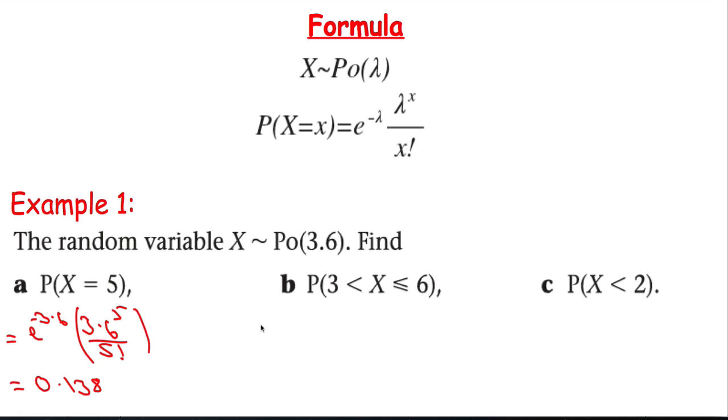Next part, the probability that X is greater than 3 but less than or equal to 6. If we think about this quite carefully, that is going to be the same as the probability that X is equal to 4 plus the probability that X is equal to 5 plus the probability that X is equal to 6.